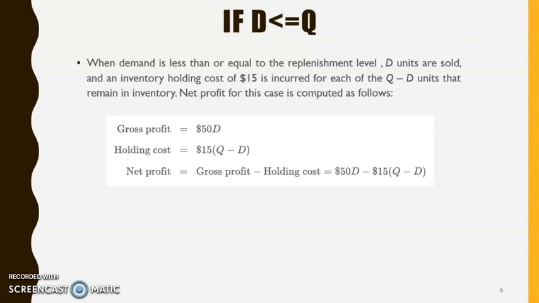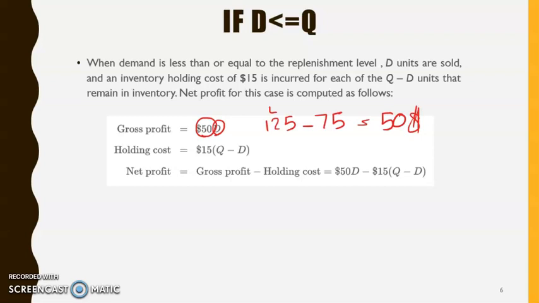Since you satisfy all the demand, the gross profit would be 50 times D. D is the number of routers that you are selling, and with each router you are going to make $50 according to the description we had in the case slide, because it was 125 the selling price minus 75 the cost, so the gross profit would be $50.